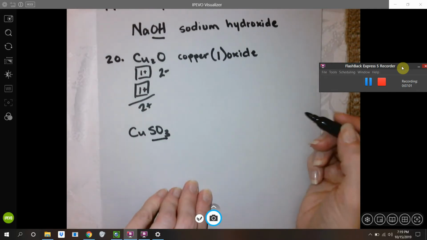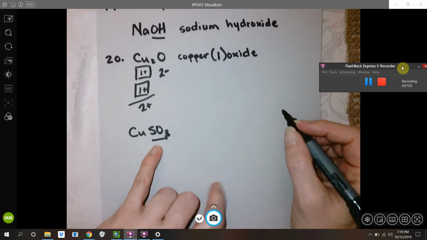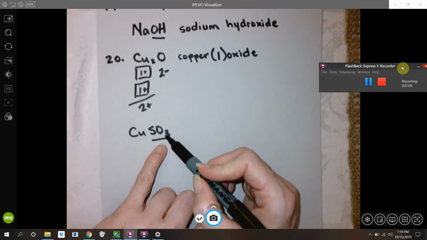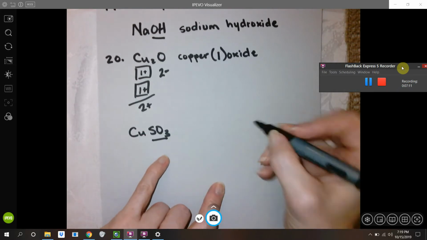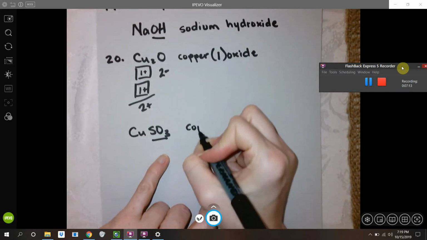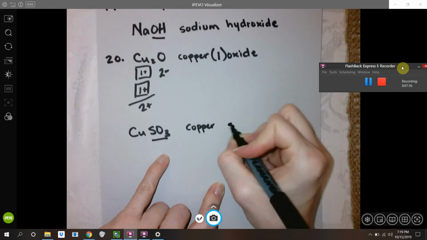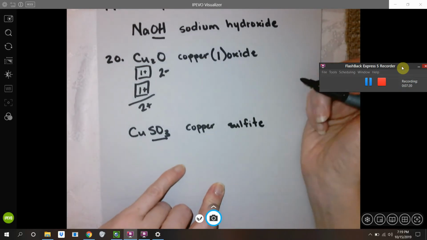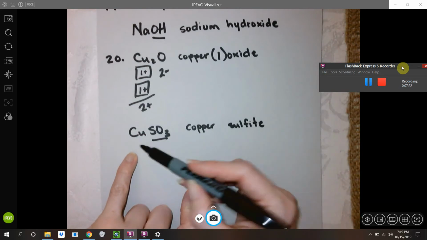We found one in SO3. This is not on your list. SO4 is on your list, which is sulfate. This has 1 less oxygen, so this is sulfite. This is copper sulfite, ITE ending.